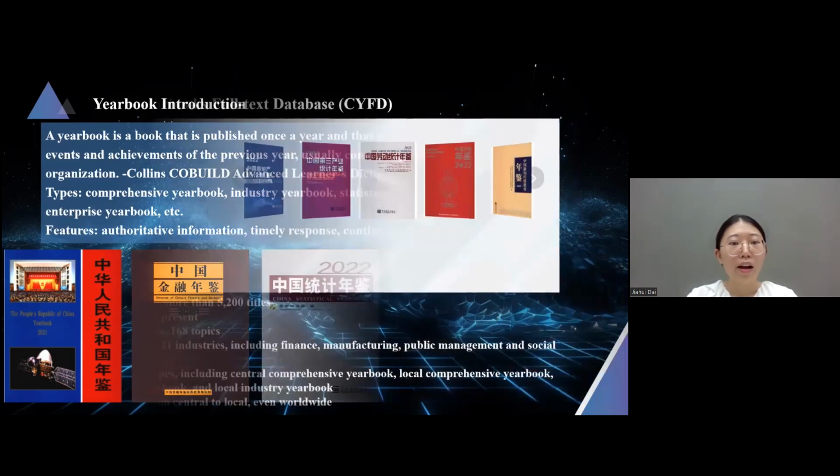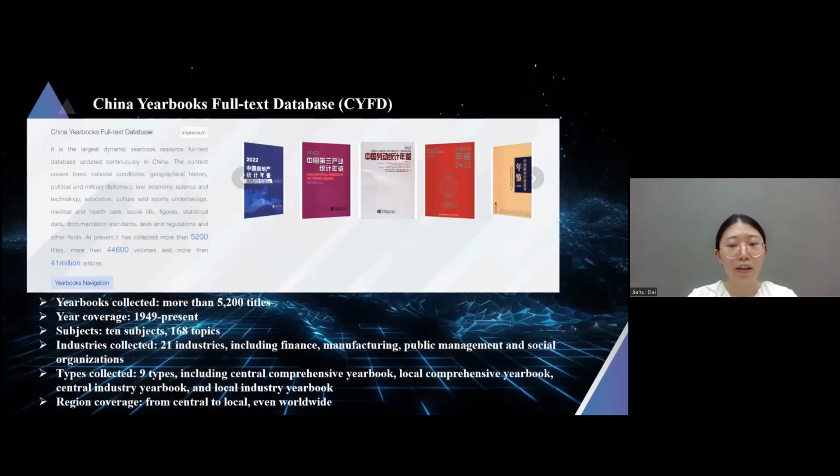After learning about the basic concept of yearbook, let's take a look at China Yearbook's full text database, namely CYFD. It's a large dynamic yearbook full text database in China and is continuously updated, covering basic national conditions, politics, economy, culture, society, and other fields.